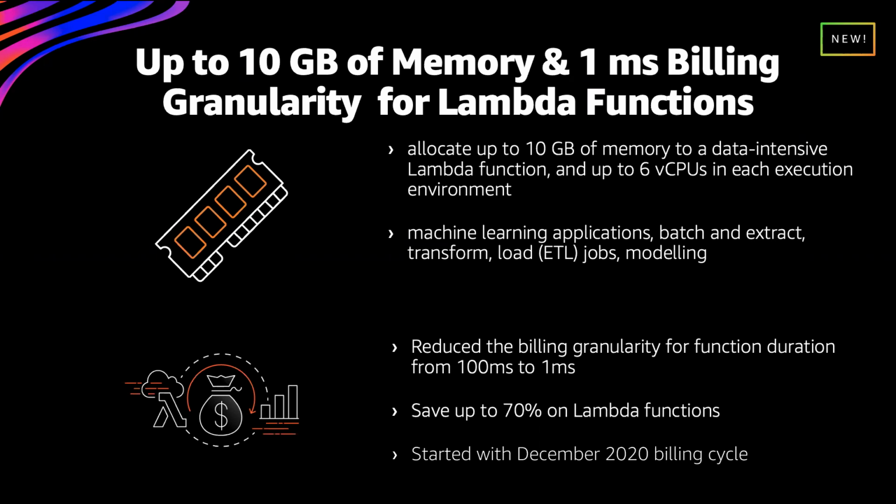So if you executed for 60 milliseconds, you are paying for 100. If you executed for 110, you are paying for 200. Now, the good news is that's not true anymore. Now, you pay for each individual millisecond. So if you execute for 10, you pay for 10, not for 100 anymore.